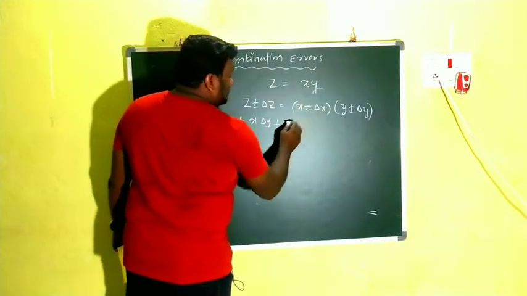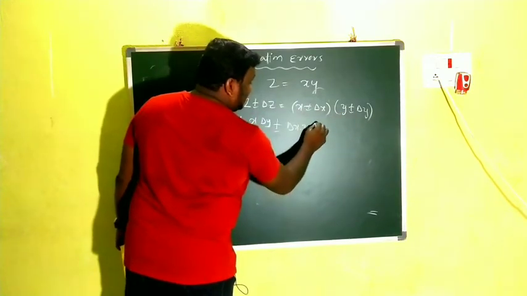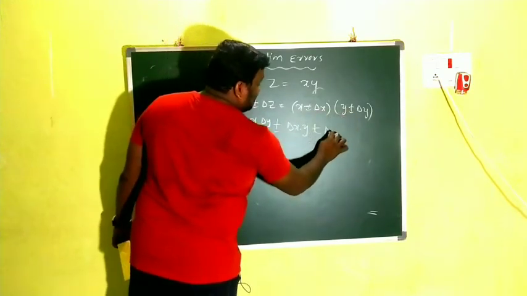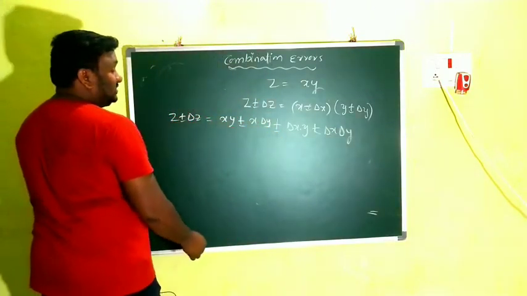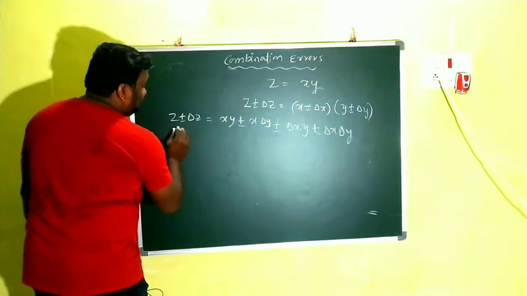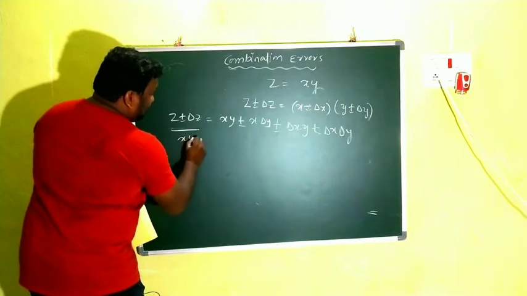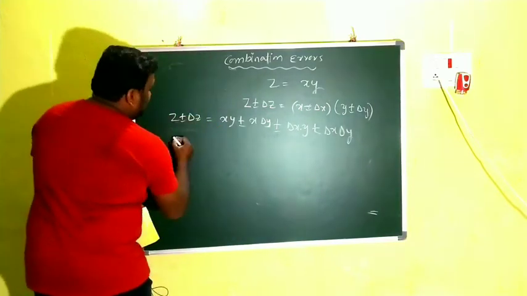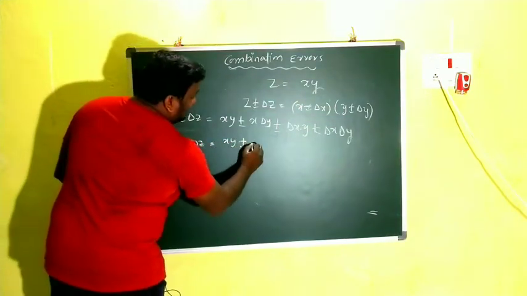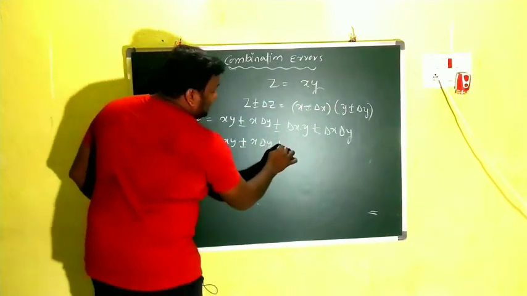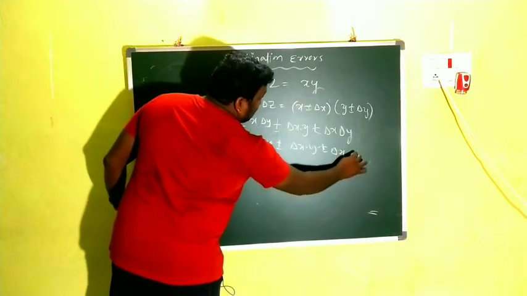Again, plus or minus delta X into Y, plus or minus delta X into delta Y. So Z plus or minus delta Z is equal to XY plus or minus X into delta Y plus or minus delta X into Y plus or minus delta X into delta Y.